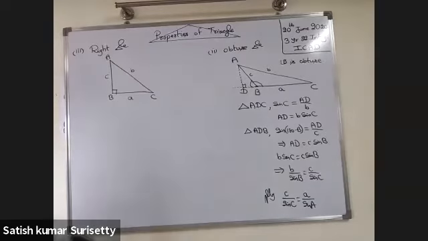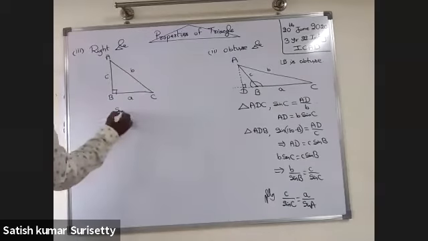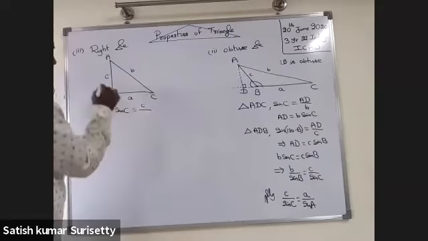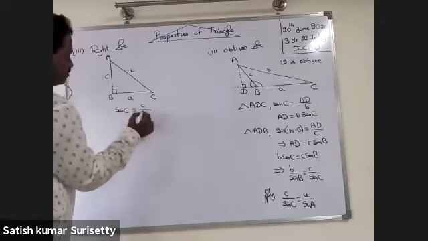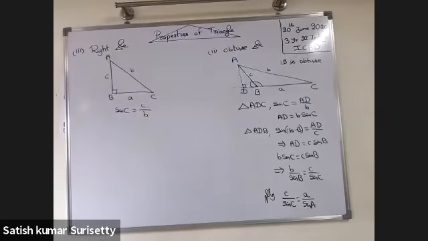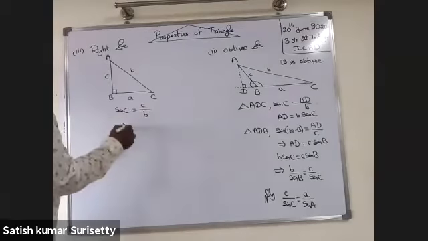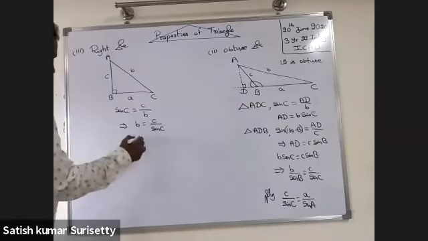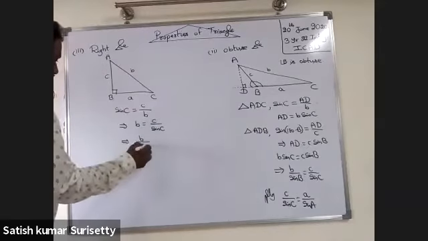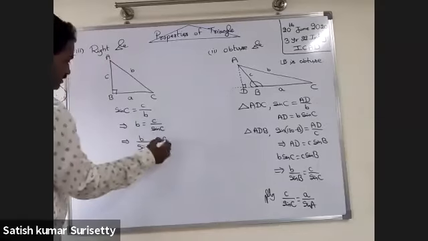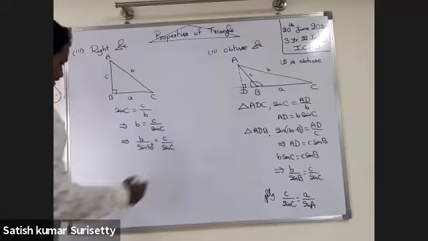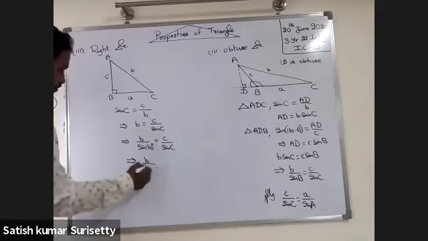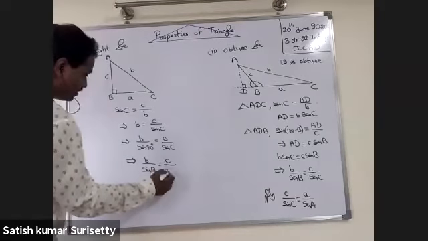Now, again in this triangle, sin C equal to c upon b, which implies b equal to c upon sin C, which is the same as b upon sin 90 equal to c upon sin C. But 90 degrees is the same as B. So I can replace it as b upon sin B equal to c upon sin C.